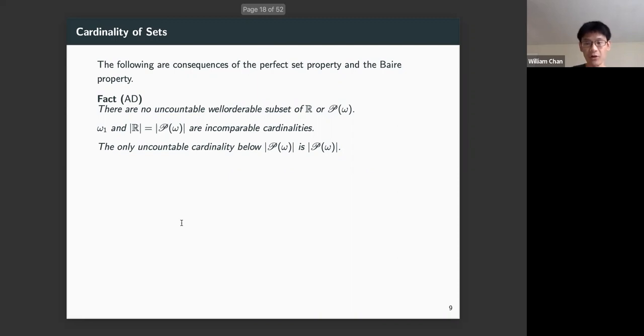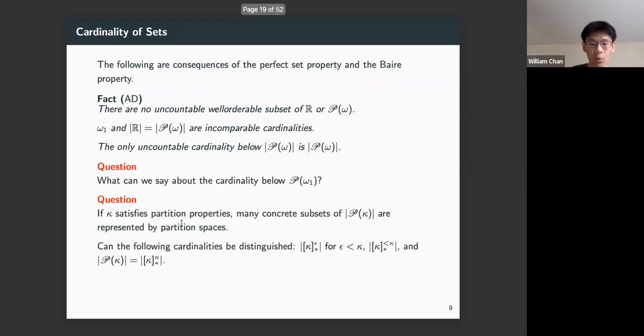And this also gives you a kind of choiceless form of the continuum hypothesis, which says that the power set of omega is the only uncountable cardinality below the power set of omega. Then it's natural enough to ask what we can say about the cardinalities below the power set of omega_1 under AD.